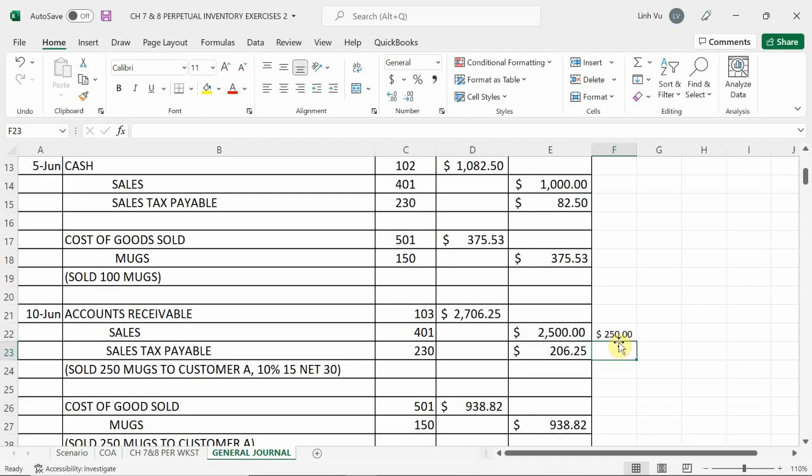So we have to do 2,500 times 0.8. No, it's going to be based on what the discounted amount is. So it would be 2,500 times 0.10, right?